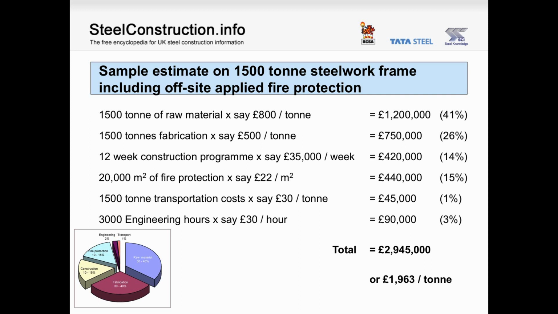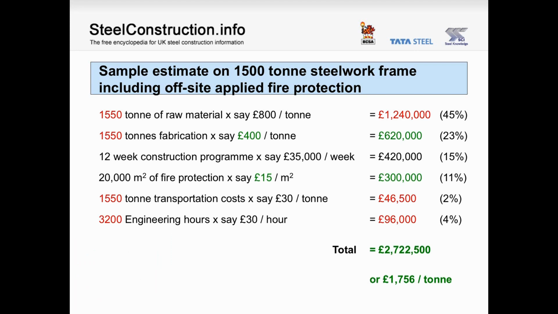Our 12-week construction programme contributes £420,000, and 20,000 metres squared of fire protection at say £22 per metre squared contributes a further £440,000. We need to transport our material to site and that contributes £45,000, and engineering hours for design and detailing at £30 per hour contributes a further £90,000, giving us a total of just under £3 million or £1,963 per tonne.